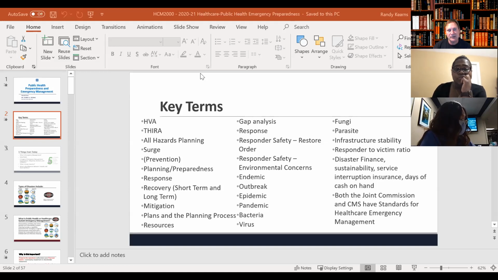When we talk about social distancing, that's a mitigation strategy. When we talk about everyone wearing a mask, that's a mitigation strategy. And the whole point to that is it won't stop you from getting sick, but it will minimize the opportunities you may have to get sick.